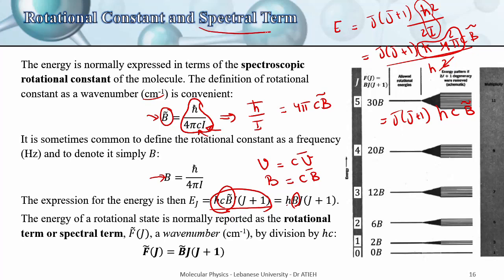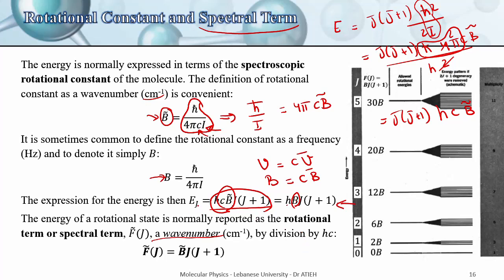Let's now define the spectral term. Instead of defining the energy, it's good to define the spectral term. The spectral term is similar to the energy, but instead of using an energy, we're going to use a wave number. So the energy of a rotational state is normally reported as the rotational term or spectral term, a wave number expressed in centimeter minus 1.